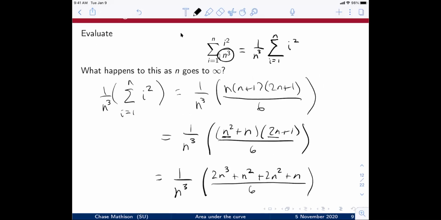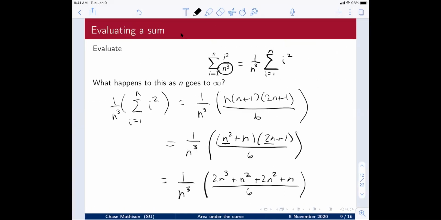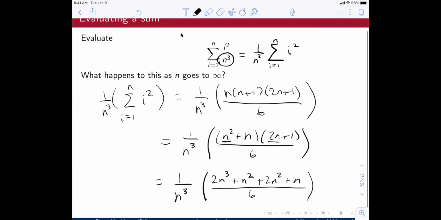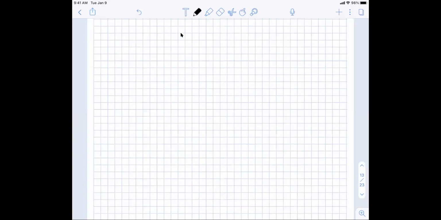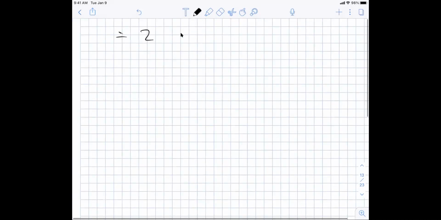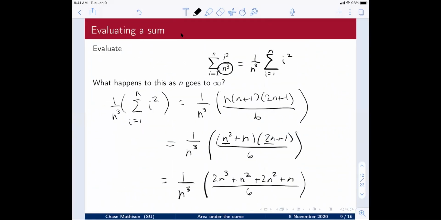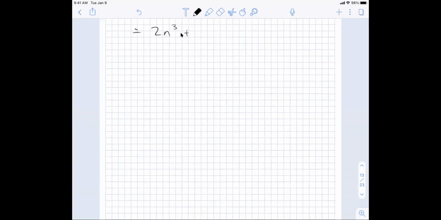Very good. And so this is then equal to 2n cubed plus, well, I'm going to get n squared plus 2n squared is 3n squared, and then plus n just on its own.